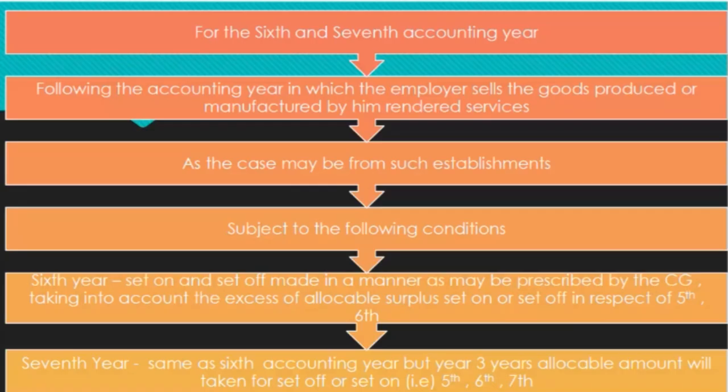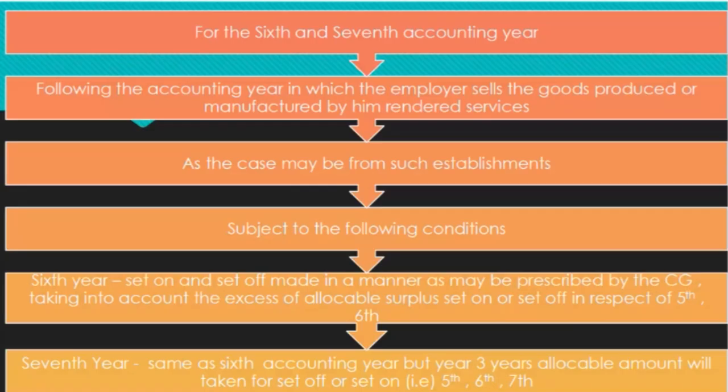From the sixth year onwards, if there is a loss, you will carry forward the minimum bonus that is to be paid to the next year, and in the next year you will pay both together. Now in the 6th year I have a loss, so I cannot pay the minimum 8.33%. So I will carry this forward to the next year.